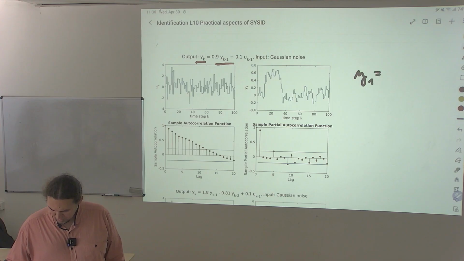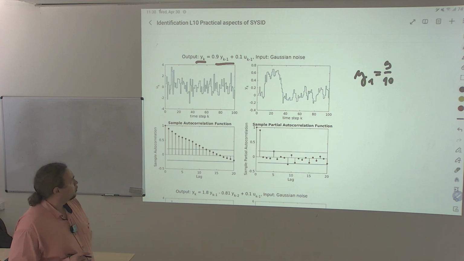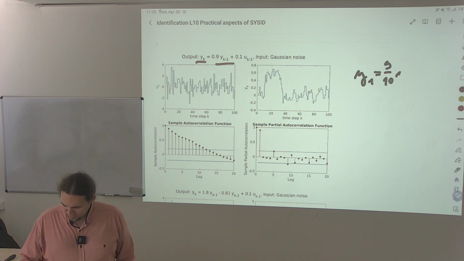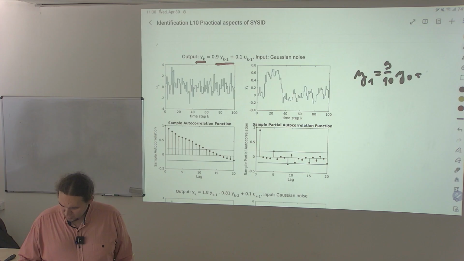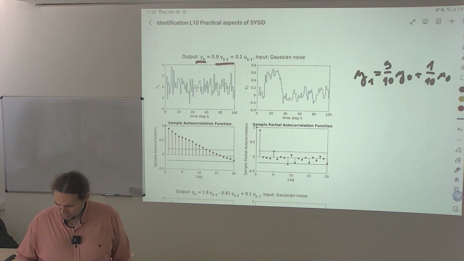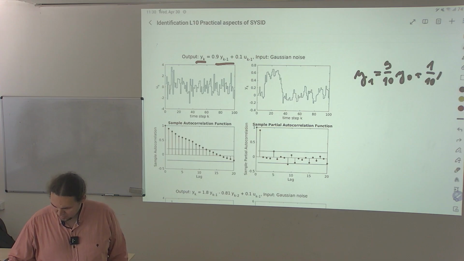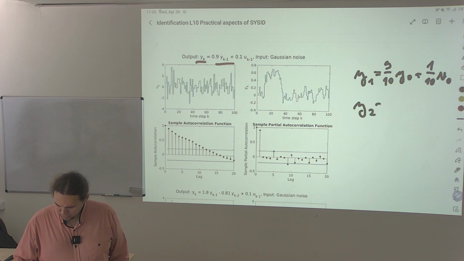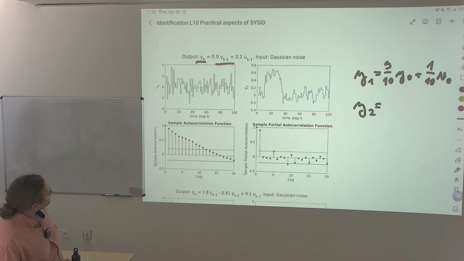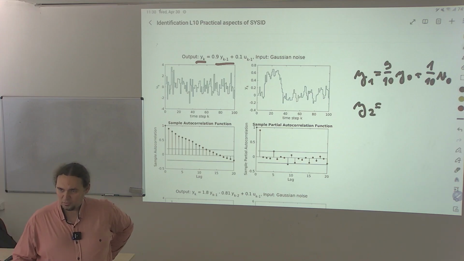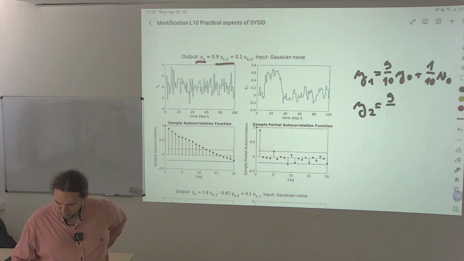The output at time 1 will be 9/10 of output at time 0, the initial condition, plus 1/10 of the input, and the output at the second time step will be 9/10 of y1 plus, well, something.